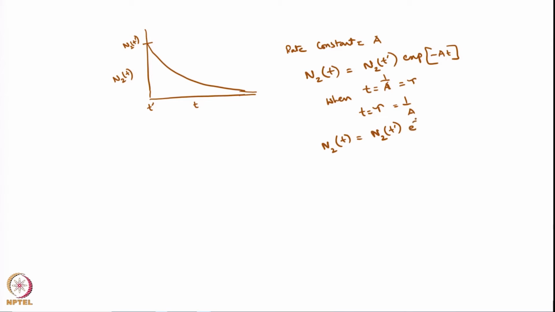So this is e to the power of minus 1, so N2 of t equals N2 of t prime times 1 by e.